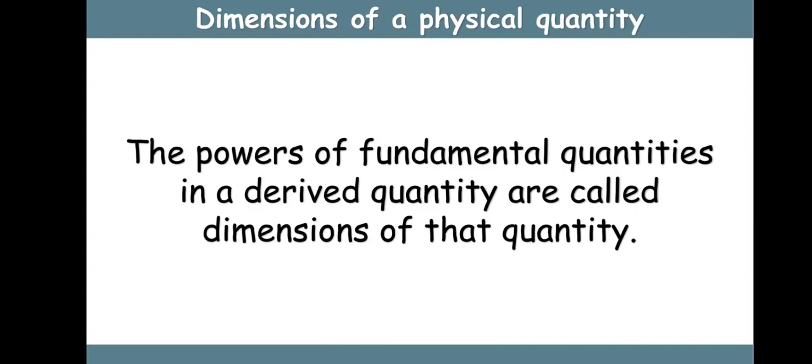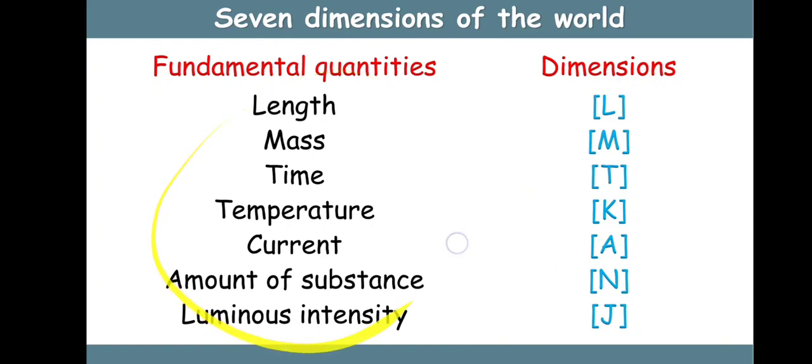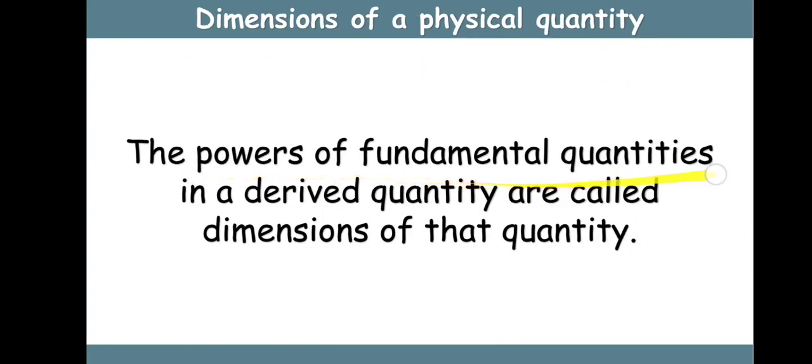For example, L raised to power 0, L raised to power 1, L raised to power 2, L raised to power minus 1. So the power of a fundamental quantity in a derived quantity is called the dimension of that quantity.